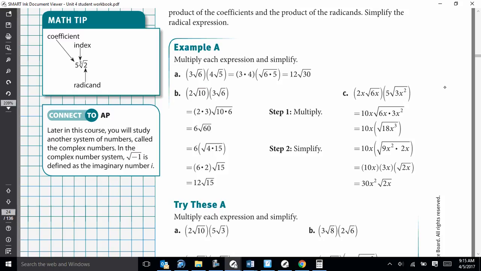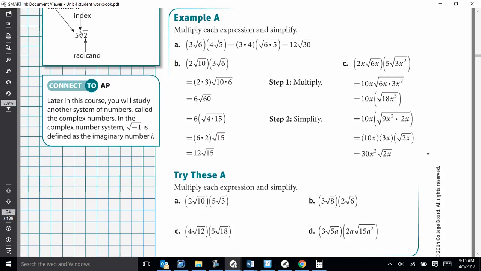And then 6 and 5, neither one of those is a perfect square. So we're going to put them inside our square root. We get 30. Does 30 factor any further? All right, so it's 2 times 3 times 5, right? Would be the factor tree. And so there's no perfect squares inside.